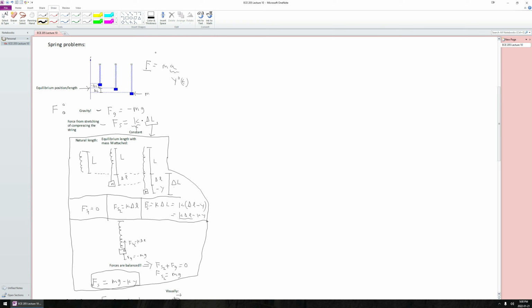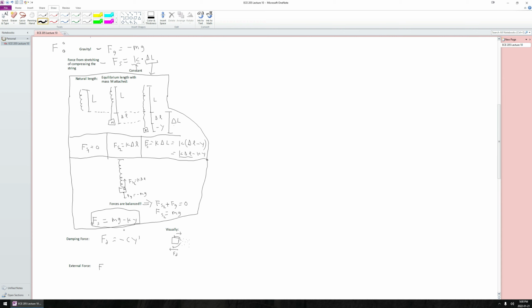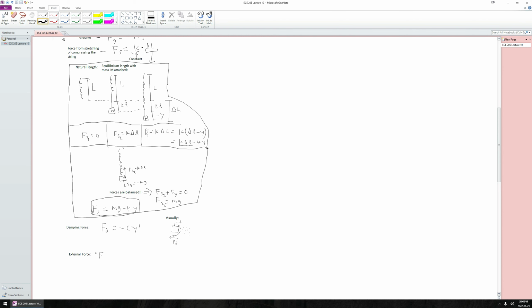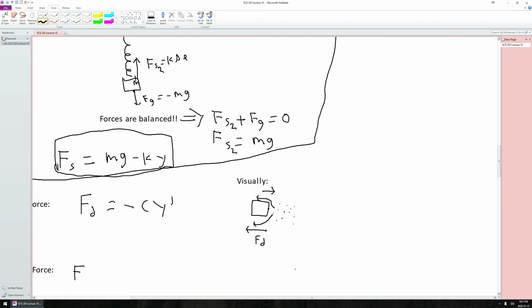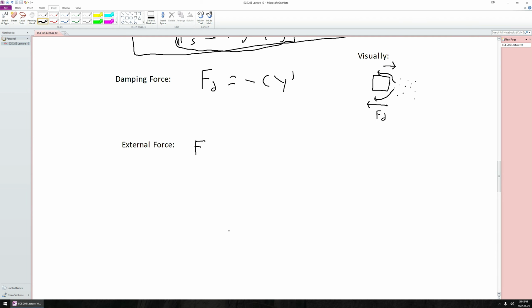In addition to this, we have this capital F, which we've broken down, at least within this context, into force due to gravity, force due to the spring wanting to go back to its equilibrium, a dampening force, and potential external forces. So if we zoom in and combine all these together, what does F is equal to ma now give me? Well, I'll just write it as ma is equal to F. This gives me the following.